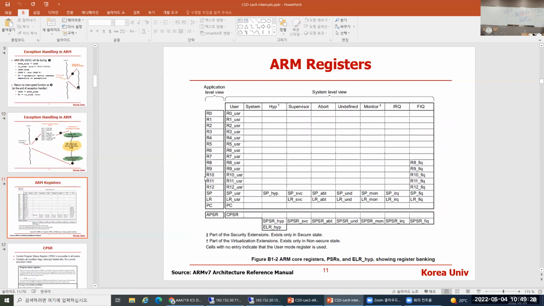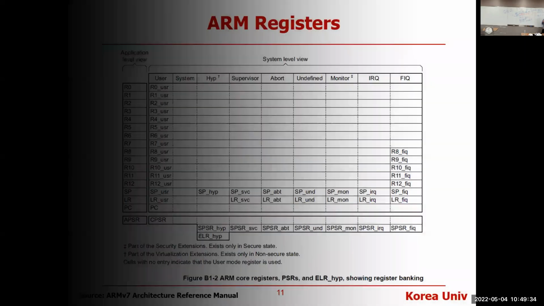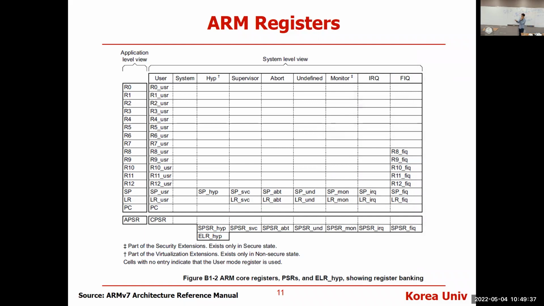If you check out this register table, there are almost 9 different operating modes: user mode, system, hypervisor, and so on, 1, 2, 3, 4, 5, 6, 7, 8, 9. In each operating mode, for example IRQ mode, you have a separate R13 stack pointer and link register, physically separate.